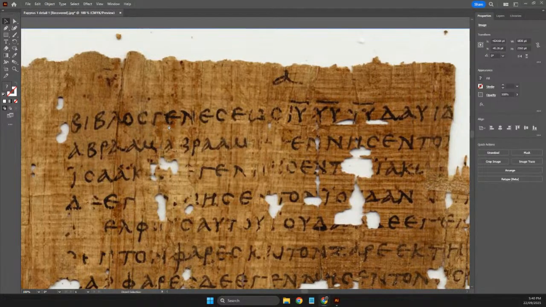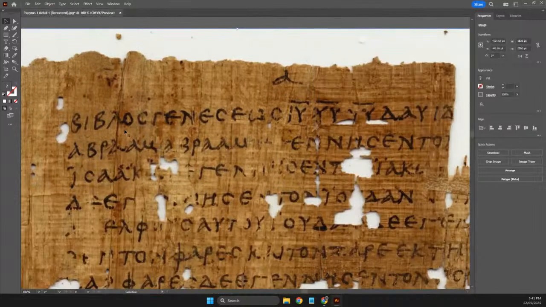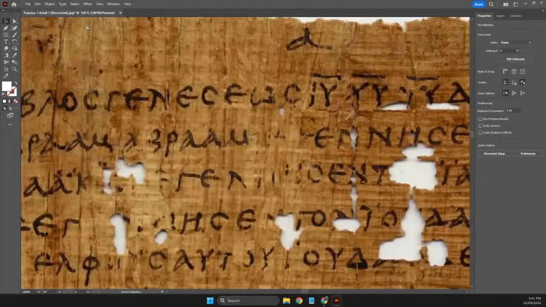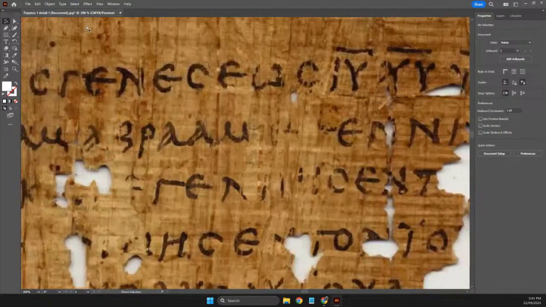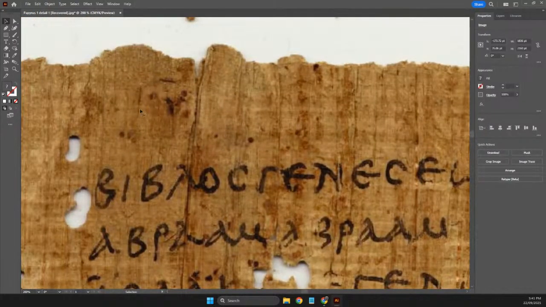Whoops, I zoomed in on the wrong page. How did I fix this last time? Full screen and then out of full screen. There we go. Okay, so let's go to here, and we'll zoom in. I'm just seeing what that looks like for you guys. Yeah, so you can obviously see that there.